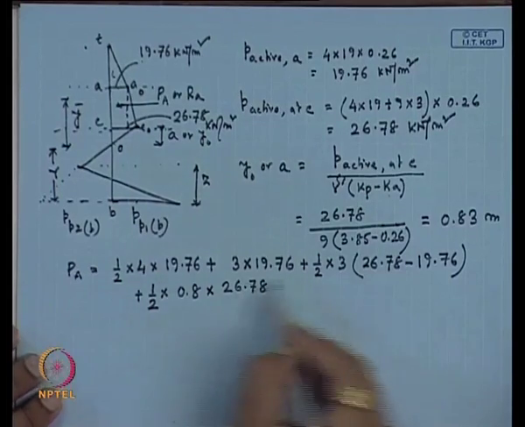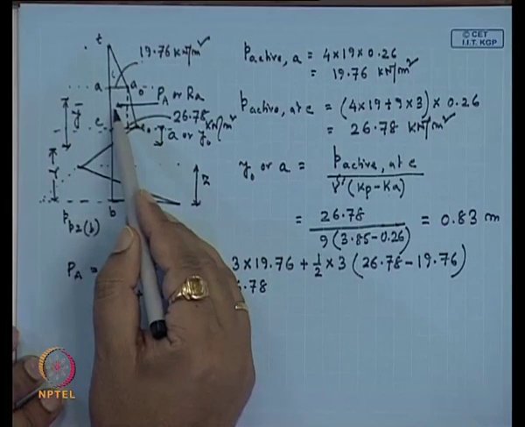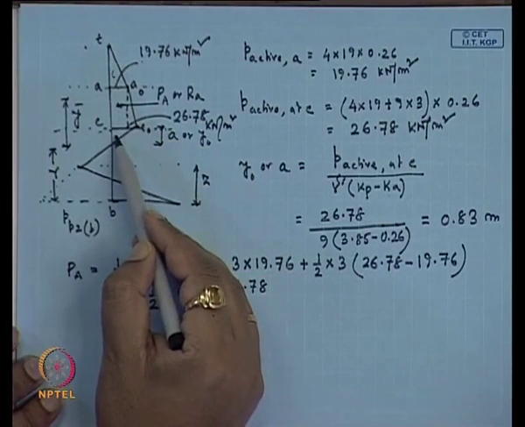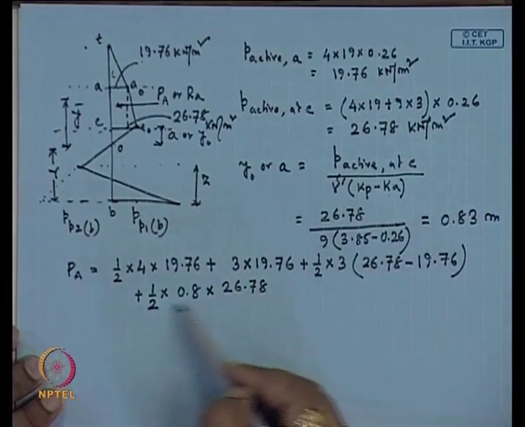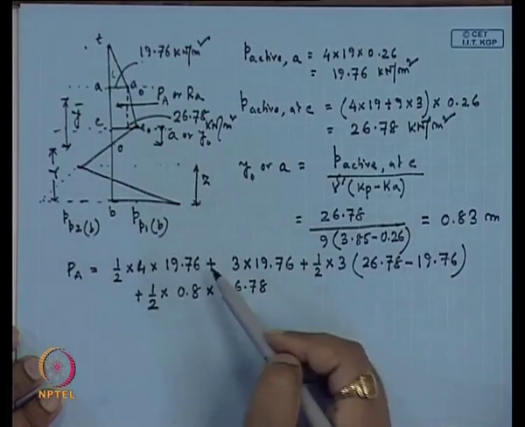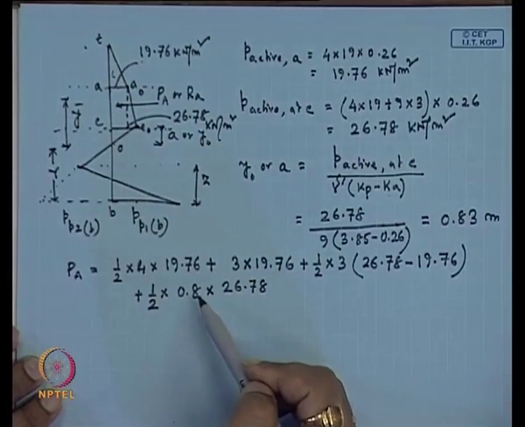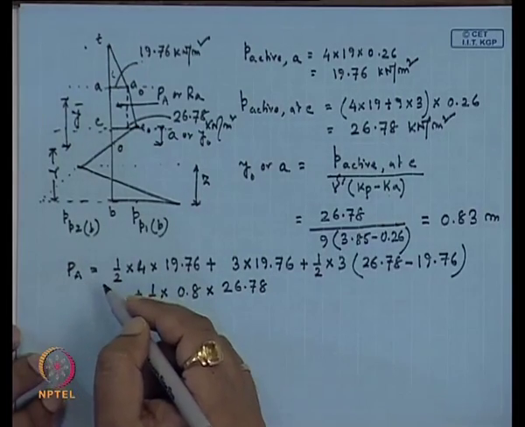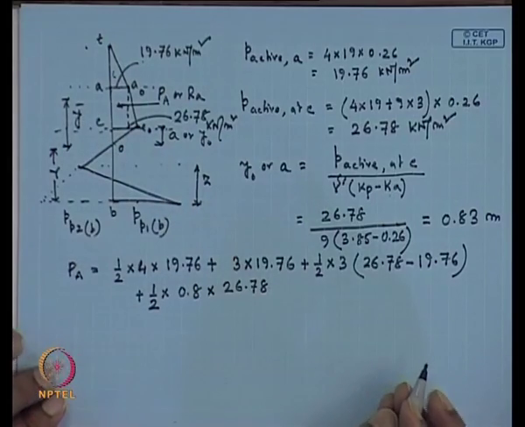So, these are the 4 components of this area: first this triangle, then this rectangle, then this triangle and then the lower triangle. So, the summation of the forces for these total 4 areas will give you the total active force acting in this area.